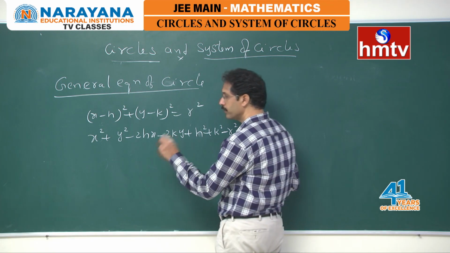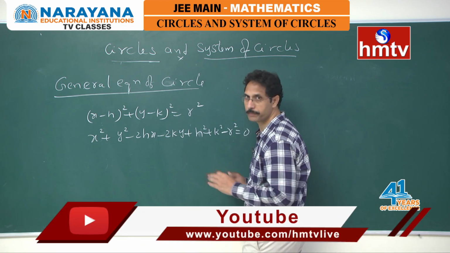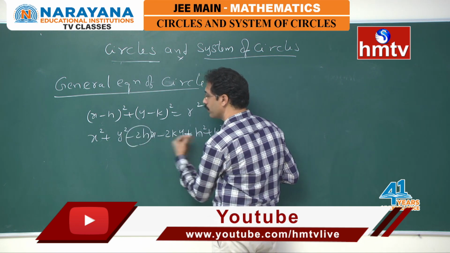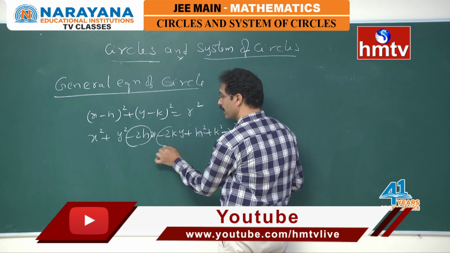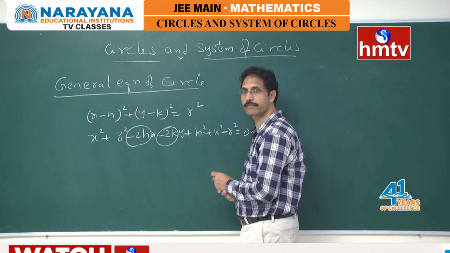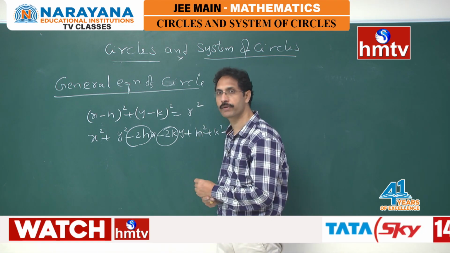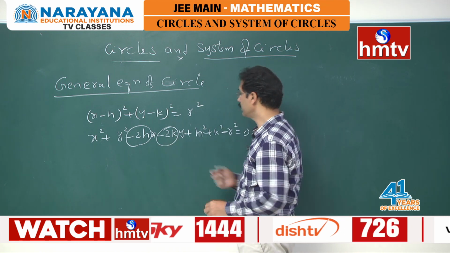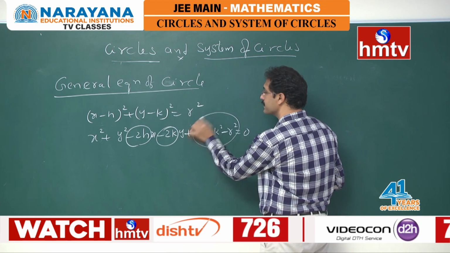For convenience we adopt minus 2h as 2g over here, minus 2k as 2f. Why are we adopting this? Because our second degree non-homogeneous equation will always be in that form. And this whole constant we take as c.